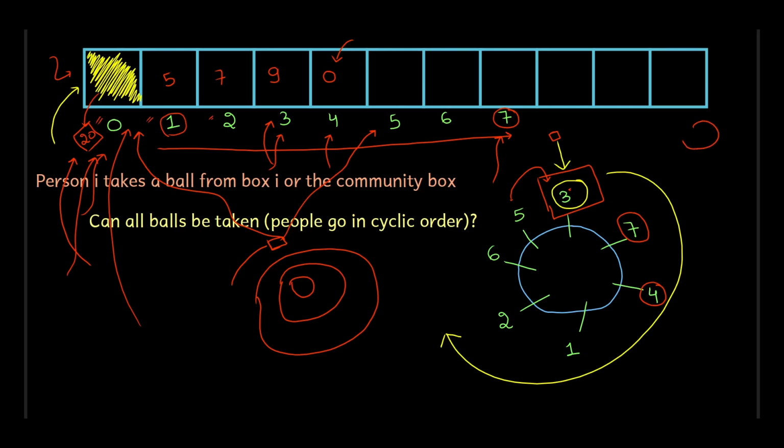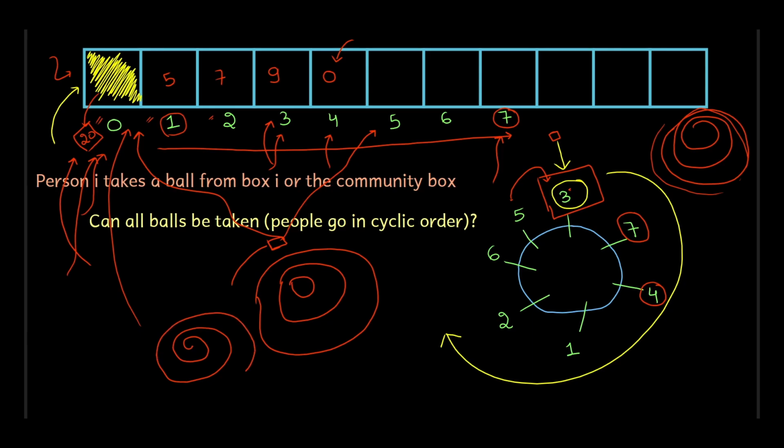That is, if you go in this fashion, will you be able to take all the balls from all the boxes? So once the game finishes, and suppose the last person of the round was the one to take the last ball, then you have achieved a possible configuration, otherwise that configuration is invalid.